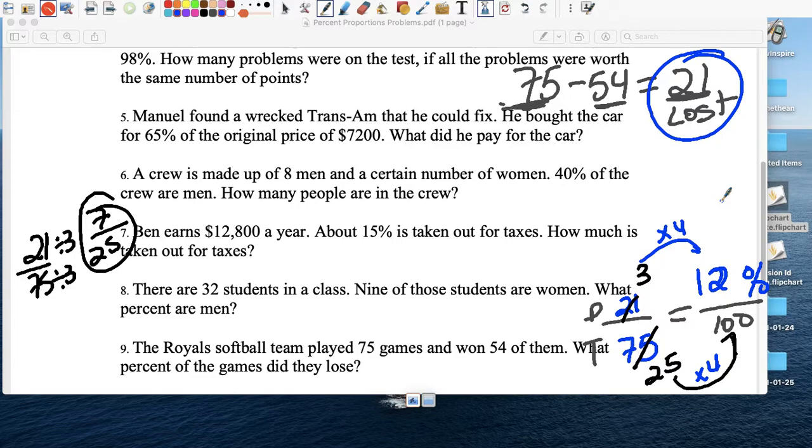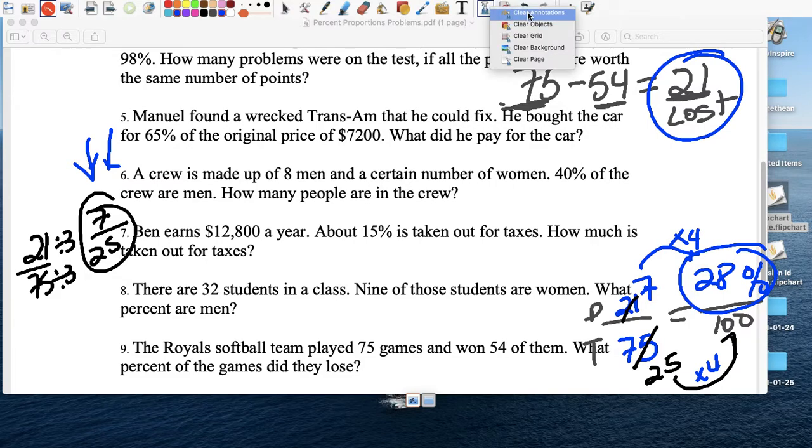No, guys, should be a little bit more. Hang on a second. Oh, this is a 7. Sorry, this should be a 7. 7 times 4 is 28. So my apologies. Let me write that. So here, times 4 equals 28. So what percent of the games did I lose? I lost 28%.